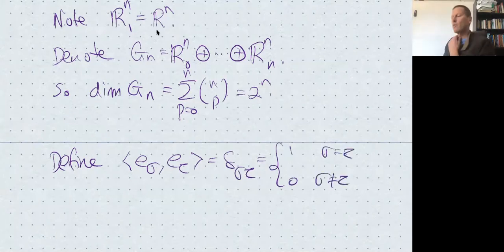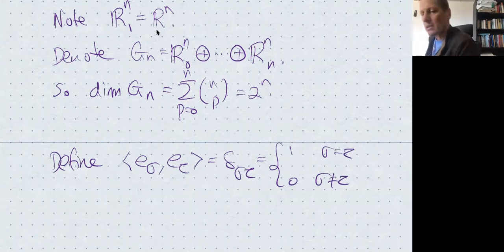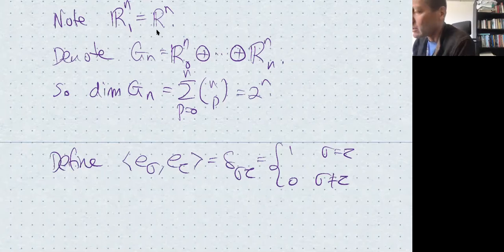Okay, so whenever you have a basis of a vector space, you can define an inner product by just defining the value that the inner product takes on your basis elements, and so that's our definition of the inner product.